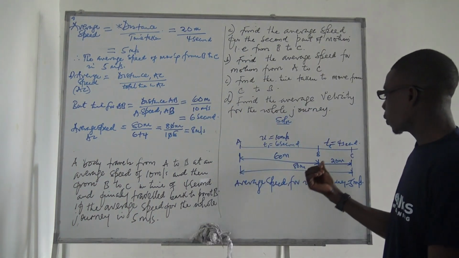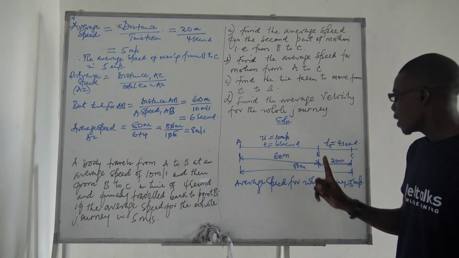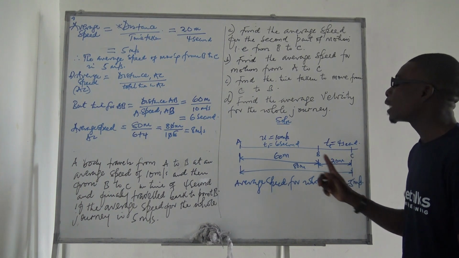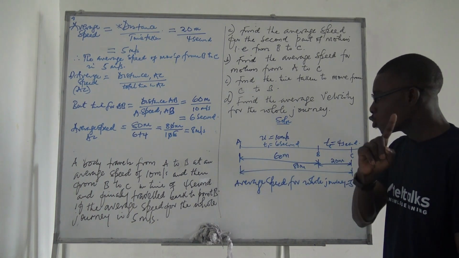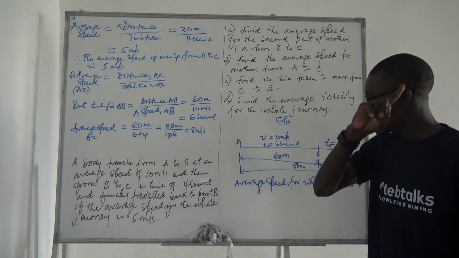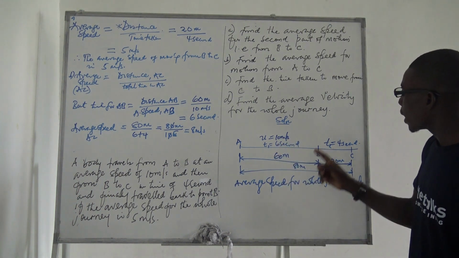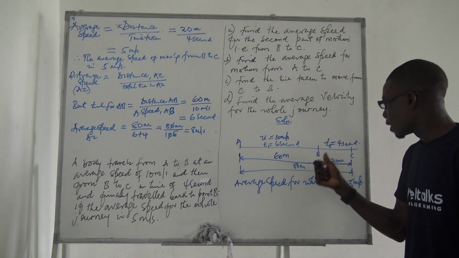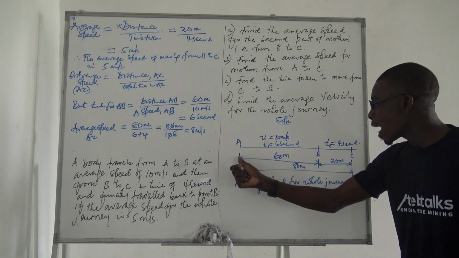To fall back to our question, we realized that we only have time of BC, but we need AC. That means that we should be having, first of all, the time AB, and then if we get it, we are going to add it to the one of BC to get a total time of AC.